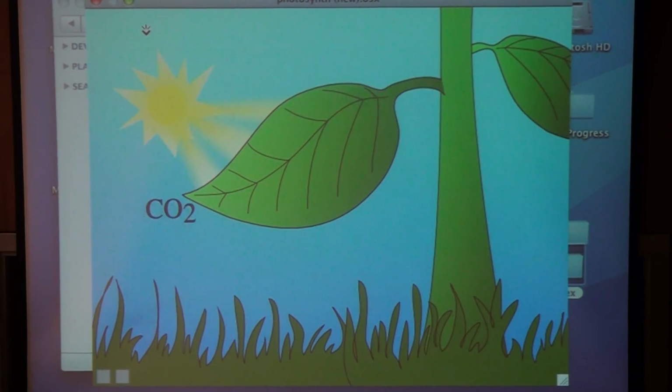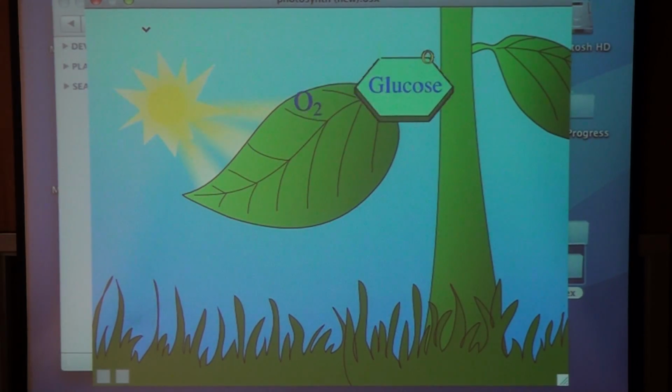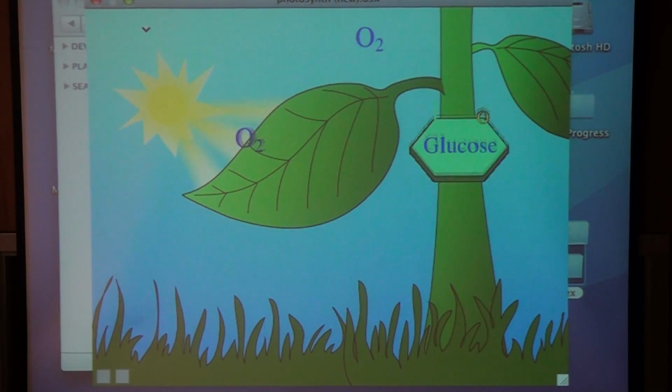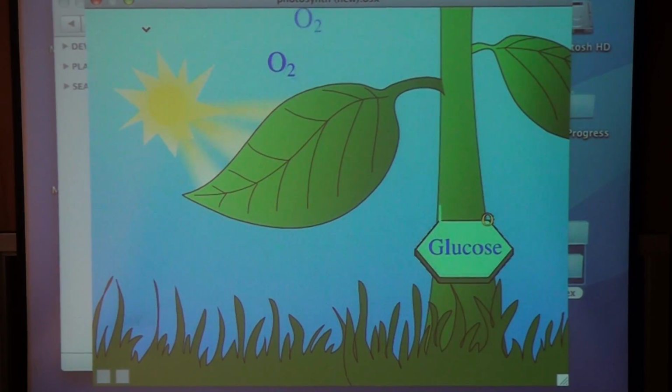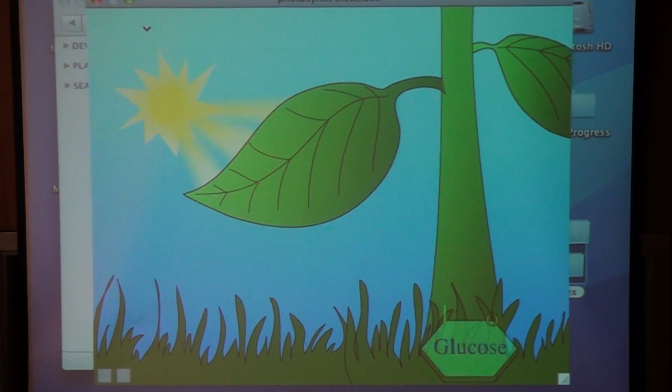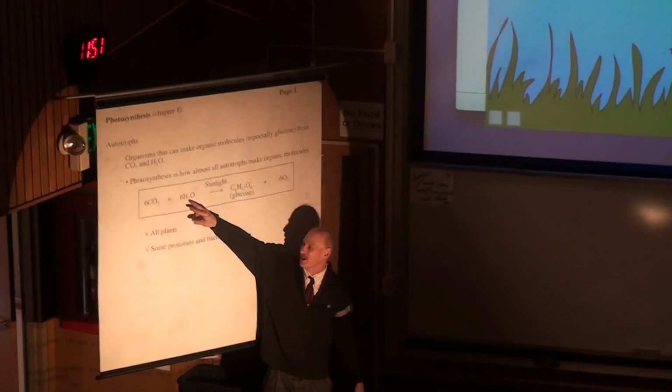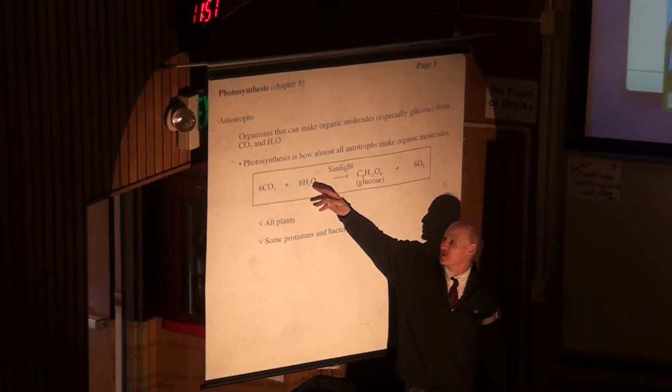Using the energy of sunlight, the plants combine 6 molecules of carbon dioxide, which are freely available in the air. Carbon dioxide is one of the gases in the atmosphere, so that's easy to get. And 6 molecules of water, which is also pretty easy to get. The plants suck it out of the ground with their roots.